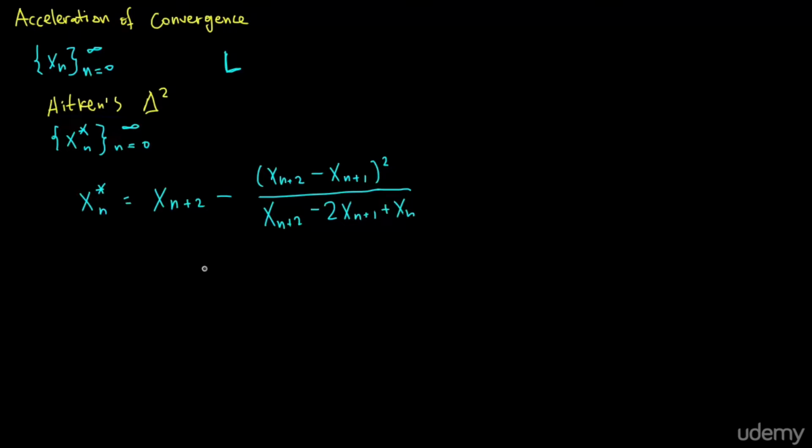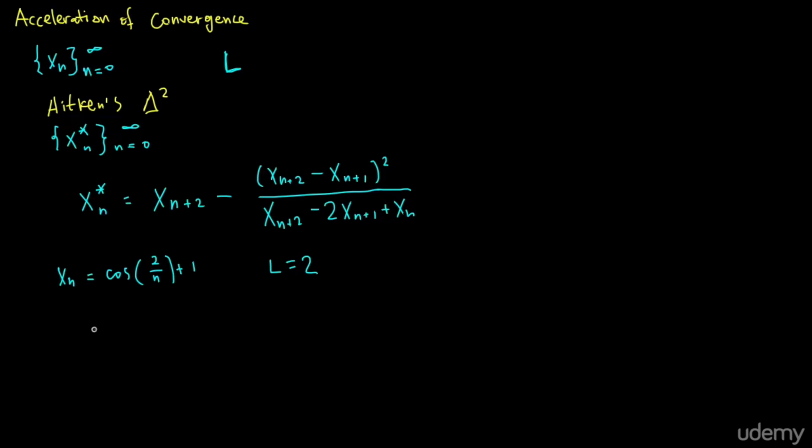So let's take a look at an example. Let's suppose that we have a sequence where x_n is equal to the cosine of 2 over n plus 1. Now this sequence converges linearly to a value of 2. So let's try to determine the first 5 terms, for example, of the sequence given by the delta squared process.